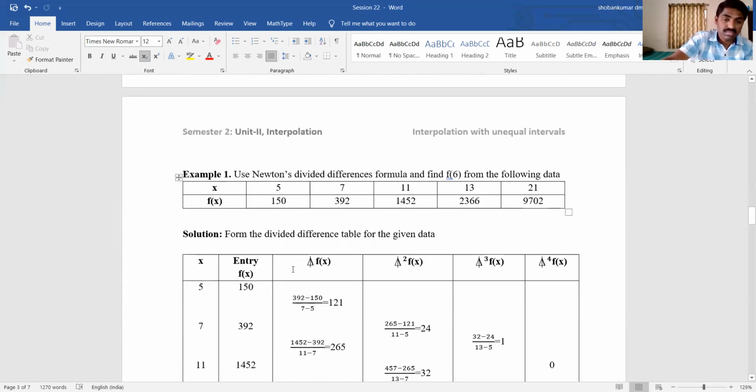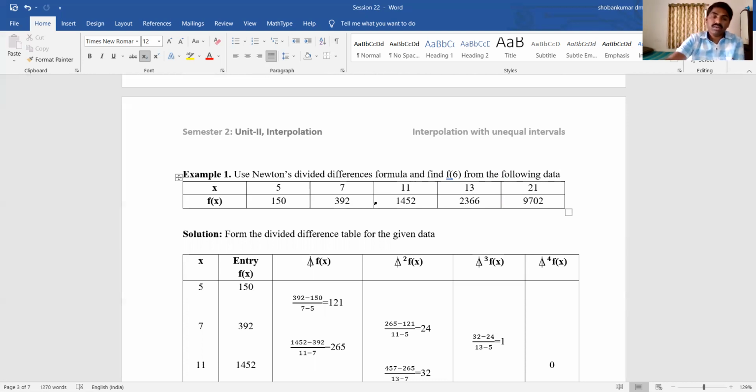Now we have to discuss some examples. Use Newton's divided differences formula to find f of 6 from the following data. Here we won't bother about whether x is nearer to the beginning or the end of the interval. Only one formula is used, the divided difference formula.